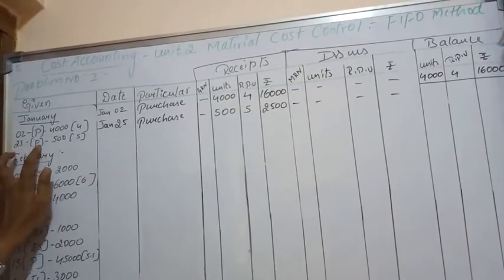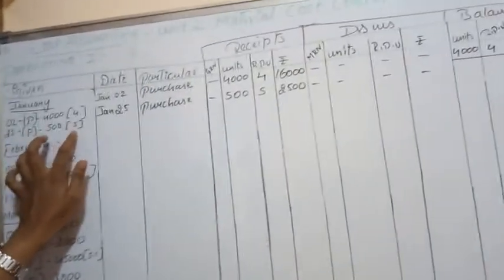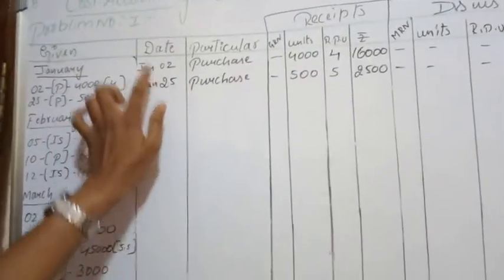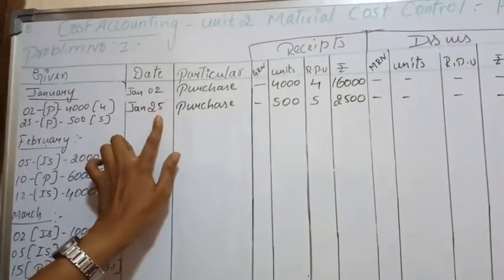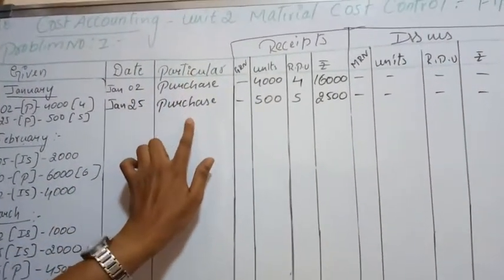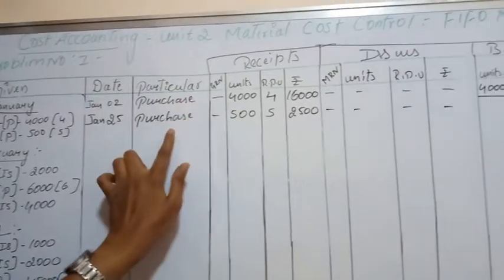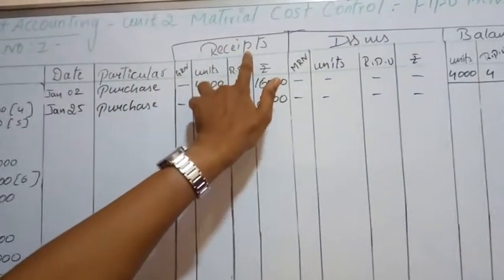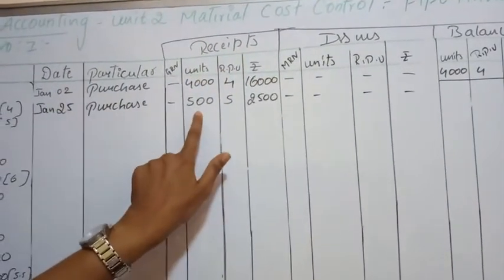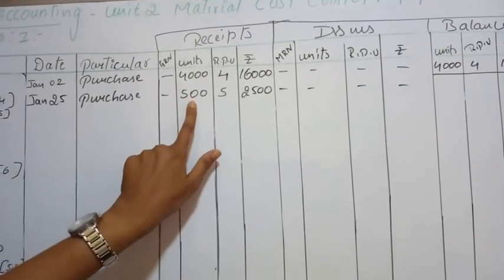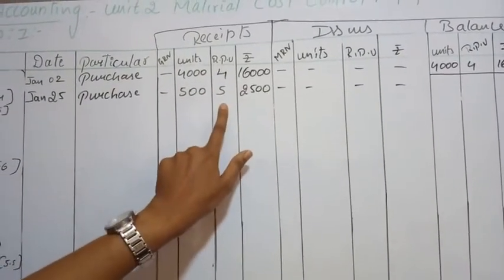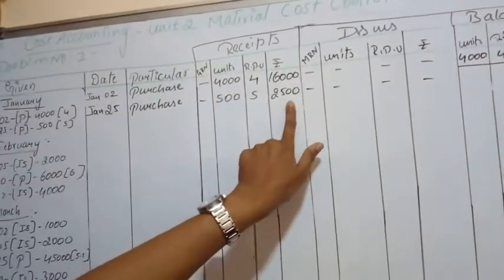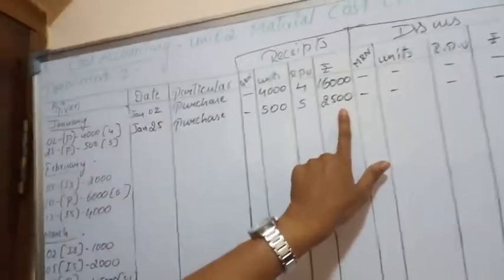Jan 25th there is a purchase of 500 units at rupees 5. So in the date I have recorded Jan 25th, and in the particular column I have recorded purchase. Since it is a purchase, I am recording the details in the receipt column: 500 units, which they have purchased, at rupees 5. When I multiply this, I get 2,500 rupees.